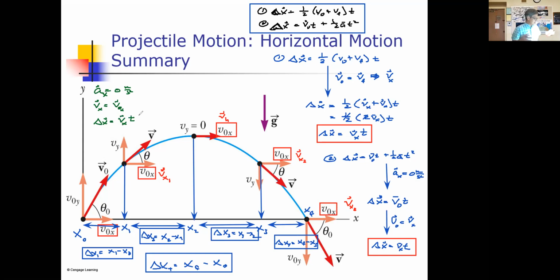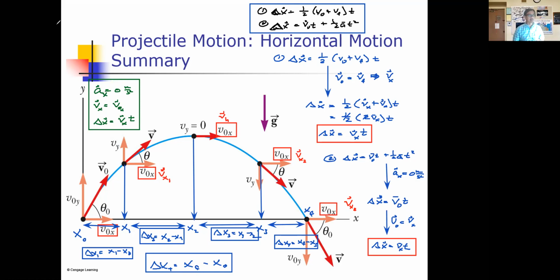That's what you need to make sure you understand: what I have here in the green box is a summation of motion along the x direction. Those three equations, and only for the x motion, will give us how the object moves if it's moving in a projectile manner, along the horizontal and only along the horizontal.